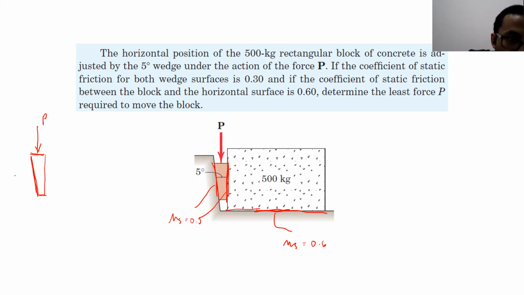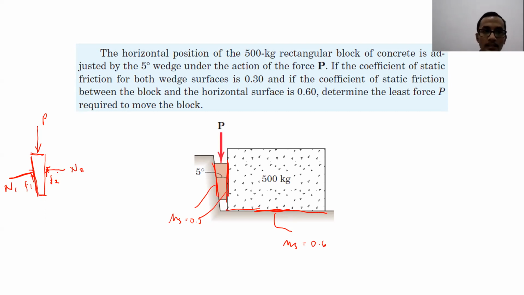Remember, normal force is always normal to the surface. Normal force 1. And because P is going down, the friction force is supposed to be opposite to that. Friction force 1. Then on the second surface, we have a normal force as well. Normal force 2. And we have friction force 2 going up.